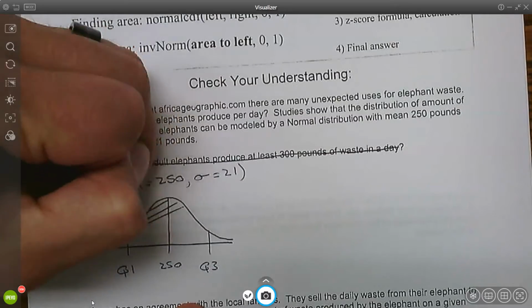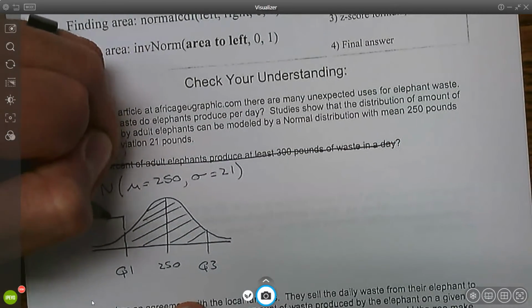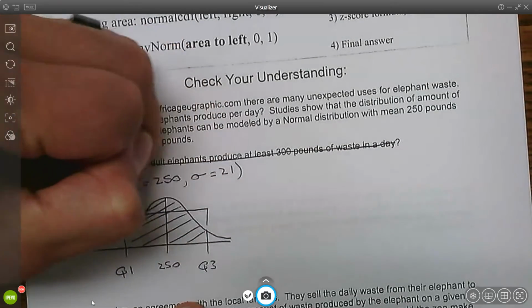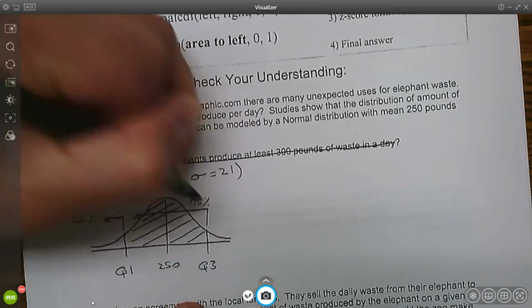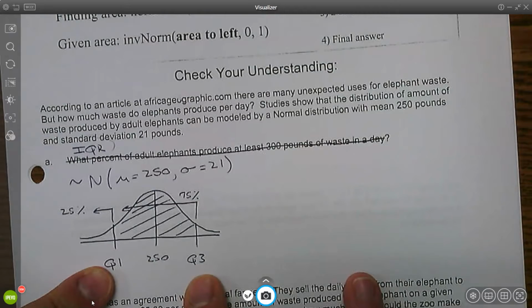And if I'm shading, I want the range of the middle 50% of the data. So I need to understand there's 25% of the data below Q1 and 75% of the data below Q3. So I have percentages. I'm working on getting values so I can find the IQR.